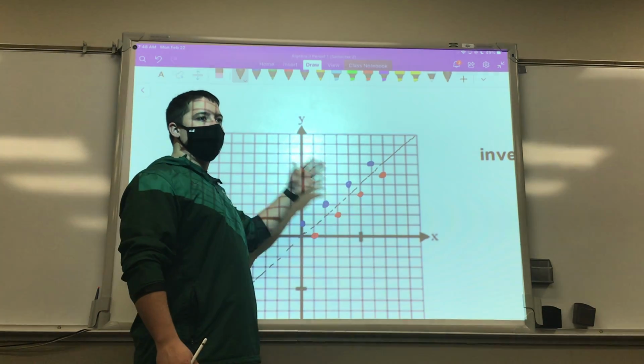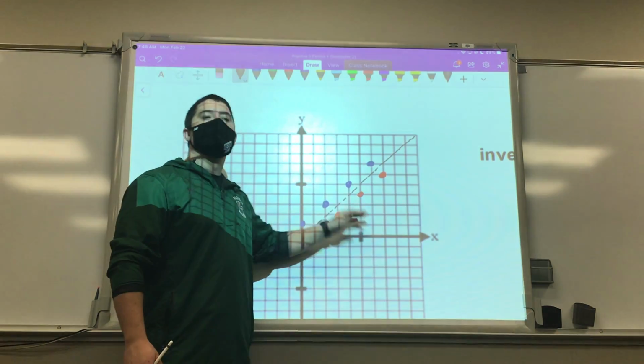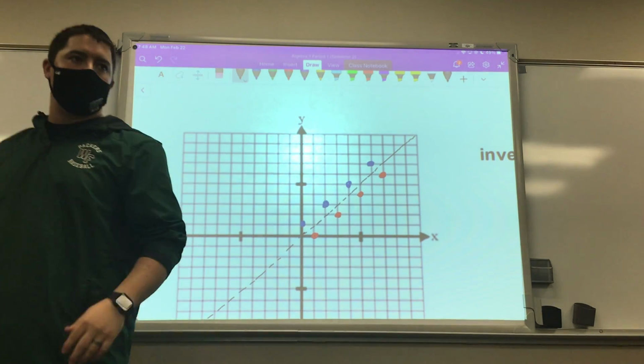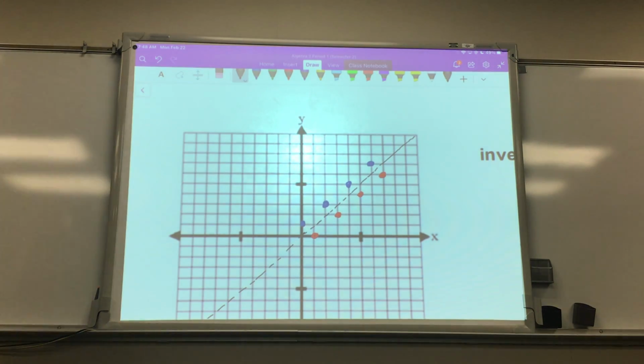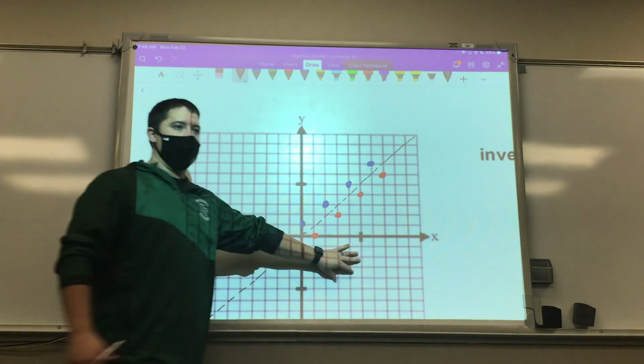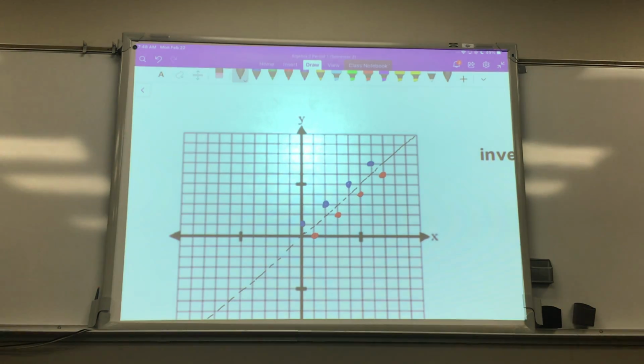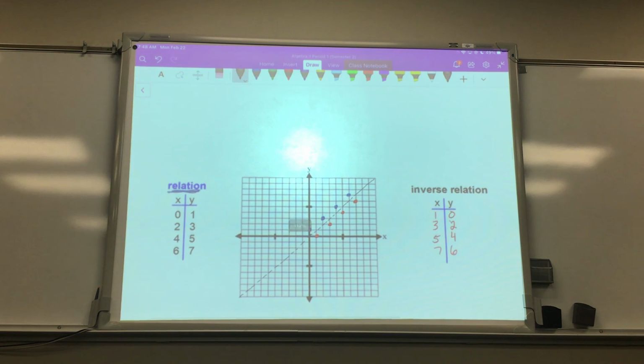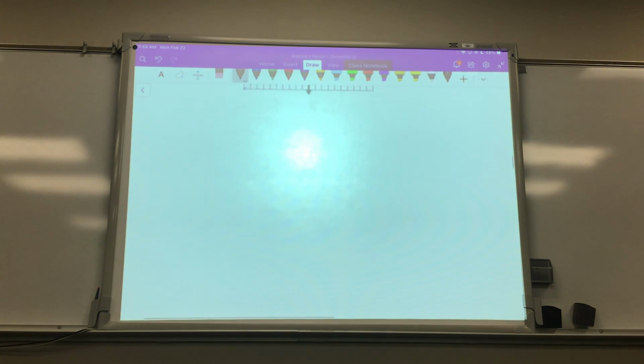Aren't they just reflected over that line? That's how inverse relations will always work. Graphically, they'll always be reflected over that line. But the big thing to take from this one, flip-flop your input and your output. Flip-flop your x and y. That's how you're going to get an inverse relation.